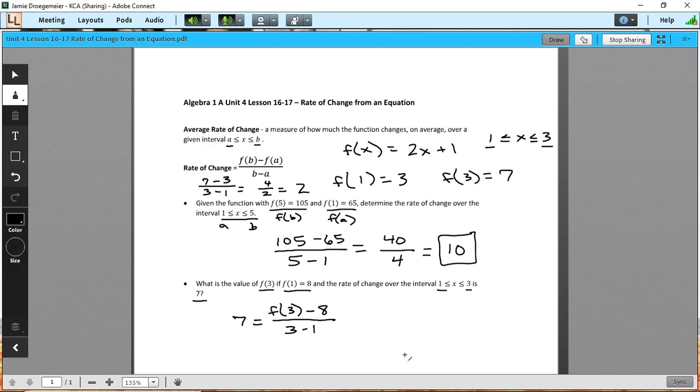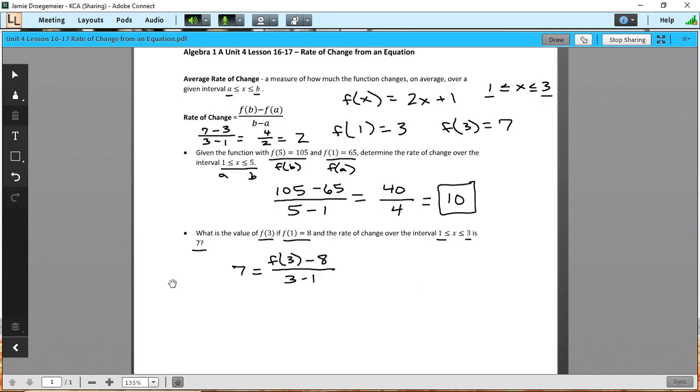All right, and so now we're going to need to solve this as an algebraic equation. We can simplify that denominator. So 3 minus 1 in the denominator is 2. We want to try to isolate f of 3. So I need to multiply each side by 2 because I want to get that f of 3 by itself. So now I have 14 over here.